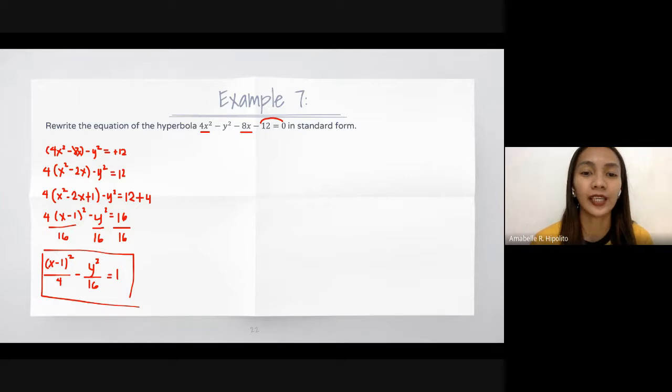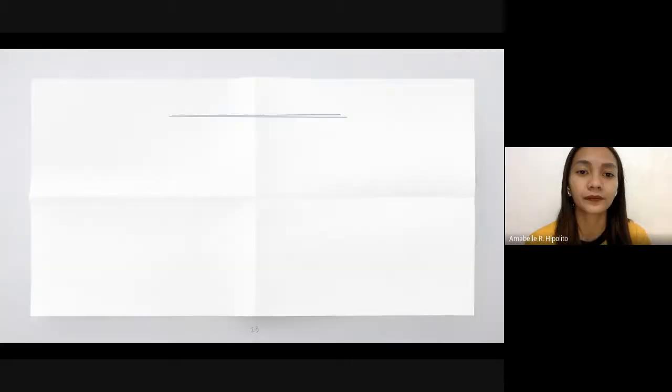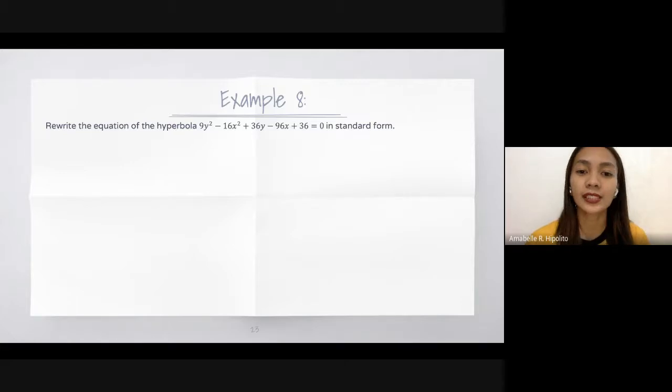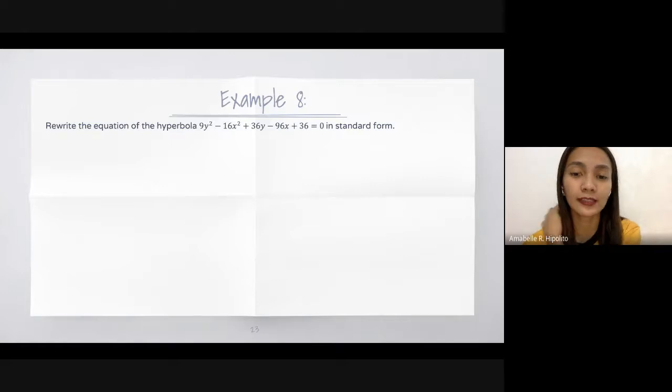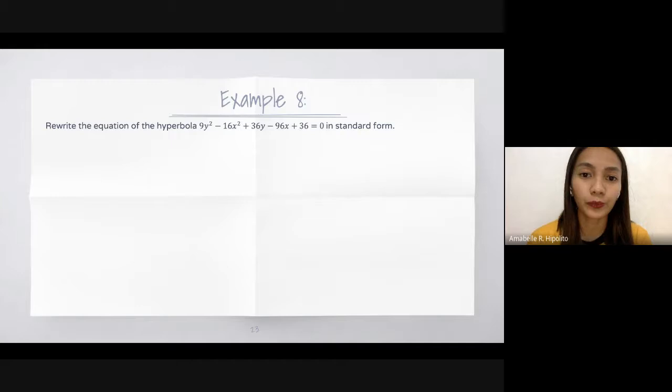Okay? So, let's have another example. Example 8. Rewrite the equation of the hyperbola 9y squared minus 16x squared plus 36y minus 96x plus 36 is equal to 0. So, first, we're going to regroup. Okay? I-regroup natin yung terms, regroup terms. So, lahat ng may y, i-regroup natin. And lahat ng may x, i-regroup natin.